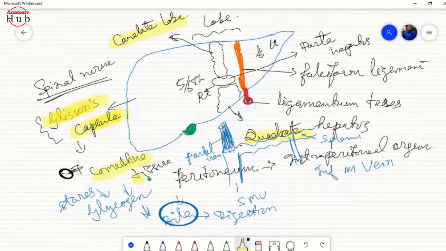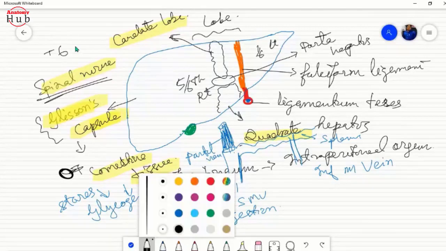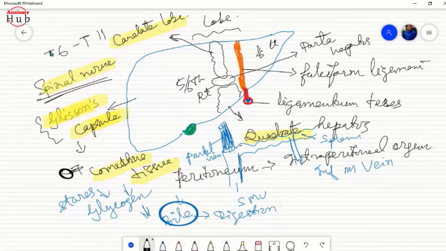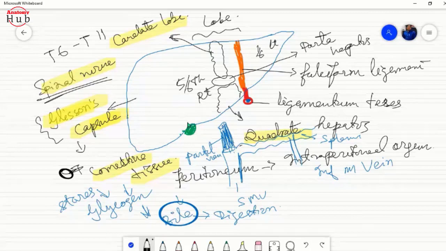This Glisson's capsule is actually innervated by the spinal nerve. That spinal nerve will come from T6 to T11. Clear? That's why this Glisson's capsule, or the covering of the liver, is actually pain sensitive.